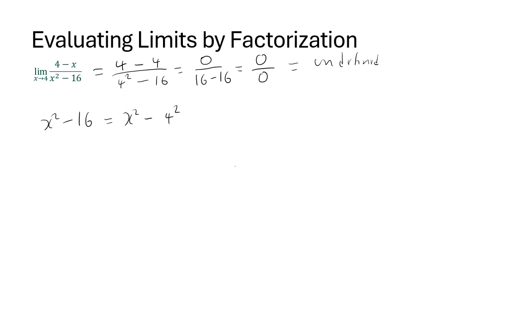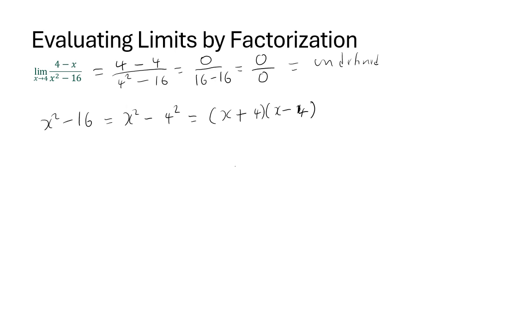So we have x squared minus 4 squared. 4 squared is the same as 16. Whenever you have x squared minus some number squared, you can easily write it as x minus that number, x plus that number, or x plus that number, x minus that number. So x plus 4, x minus 4.